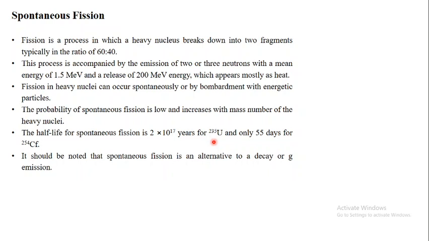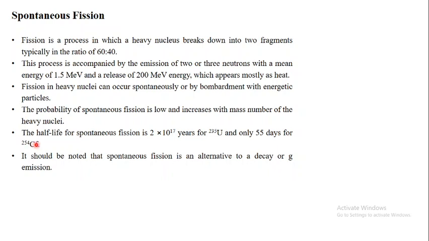And another nuclide or element which has a 55 days half-life is CF254. It has more nucleons inside the nucleus. There are 254 nucleons in its nucleus, but uranium has only 235 nucleons. So it is much heavier as compared to uranium, and therefore it cannot bind its nucleons too tightly.